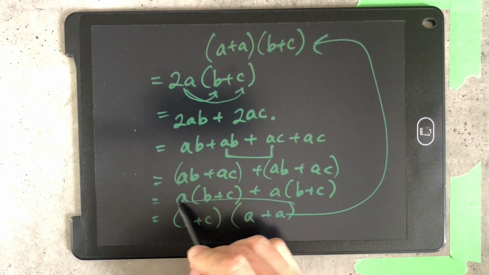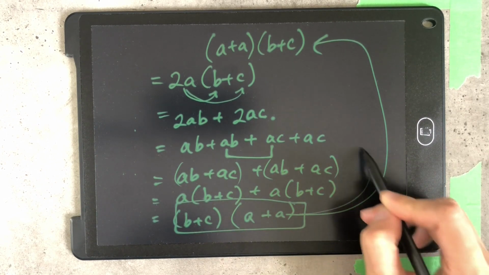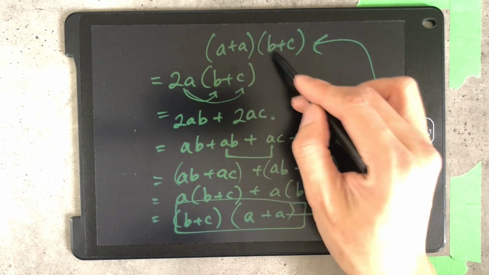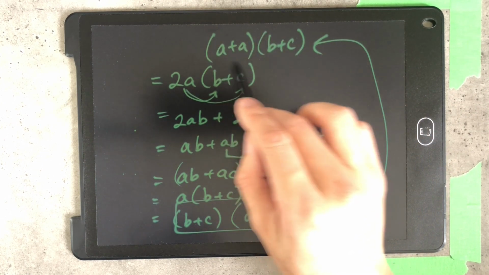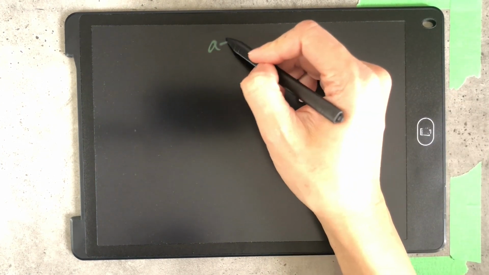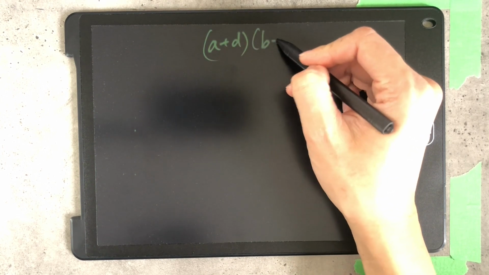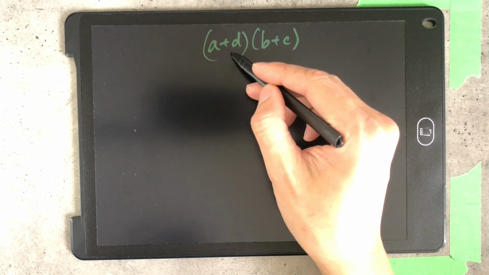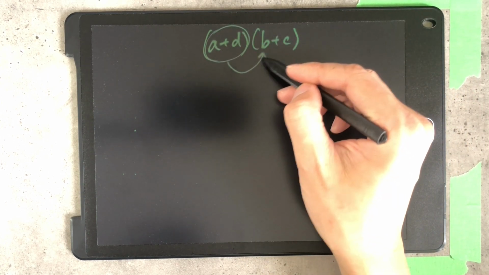which equals what I had at the beginning. Alright, so if I have two terms where they are all unique, a plus d times b plus c, the previous distributive law tells us that we have to multiply this term by b and c.